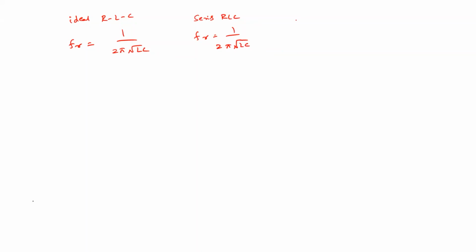But for the parallel RLC circuit, what is the resonant frequency here? 1 by 2 pi square root of 1 by LC minus R square by L square, right? Is this correct? Yes, sir.